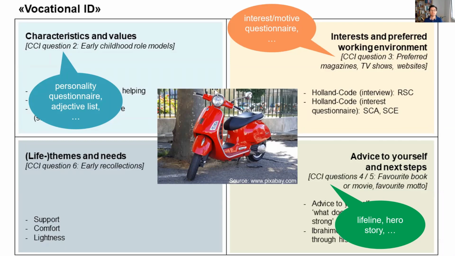And here you see that Chris chose a scooter, and he chose the scooter because he said if he wants to achieve his goal, namely to be self-employed, he would proceed as if he were driving a scooter.